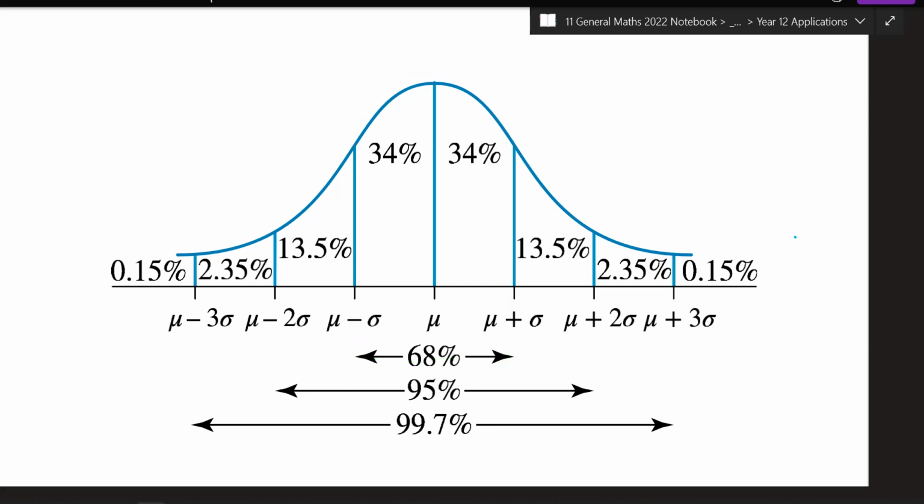To expand on that, 95% of your data is within two standard deviations of the mean. So you're focusing on all this data here, and that'll be 95% of your values. If you take it further, three standard deviations away from the mean is all of that data there, so 99.7% of your data.